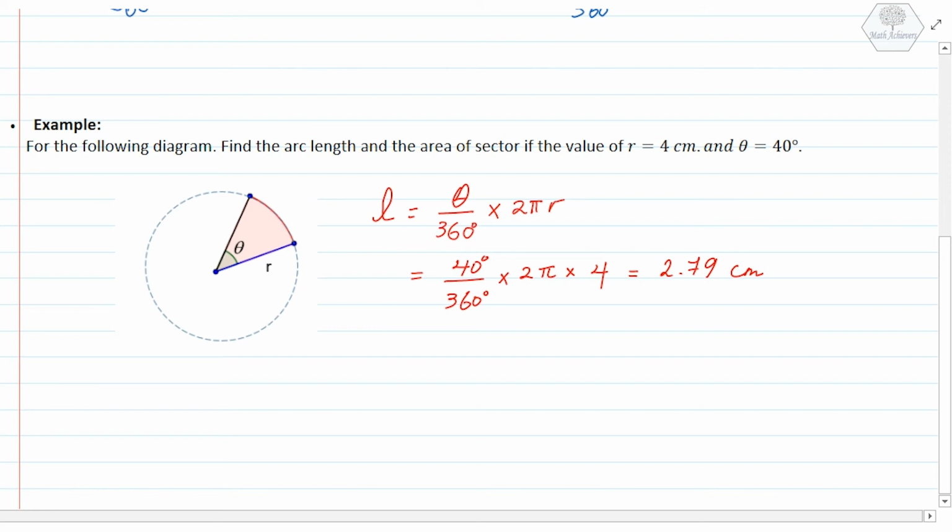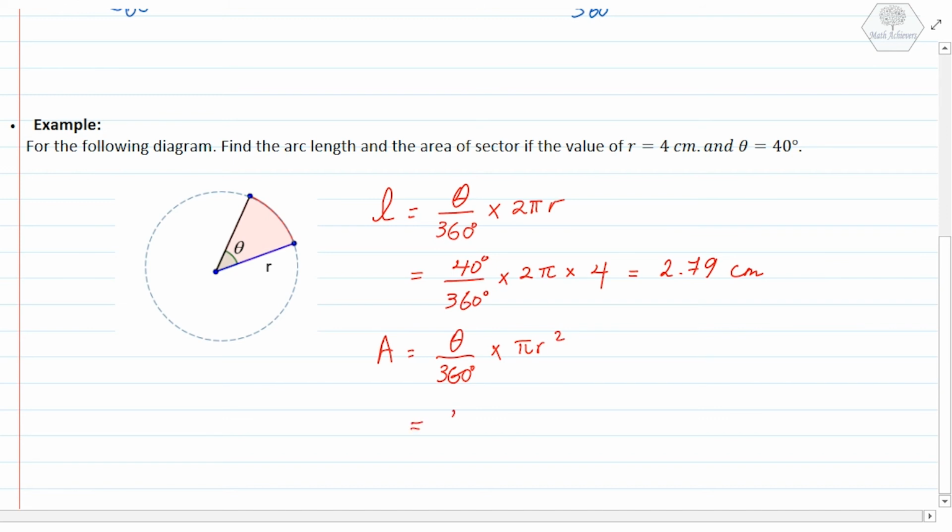To find now the area of sector, simply the area is equal to theta over 360 degrees times the area of a circle, which is pi r squared.